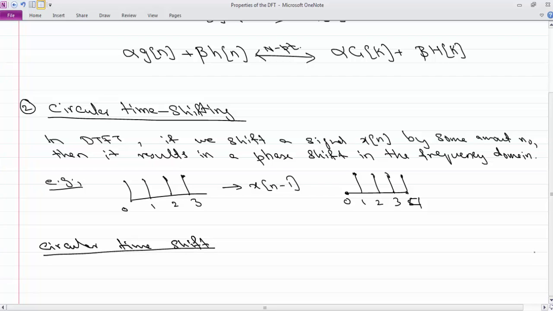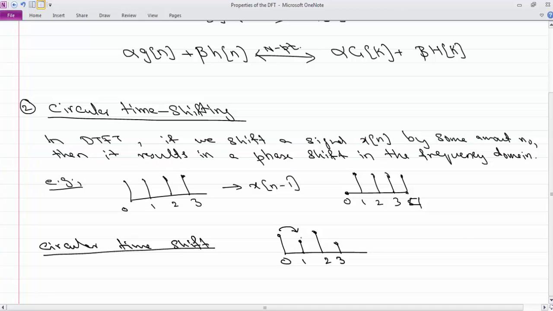Graphically, what circular time shift says is that if you have a signal 0, 1, 2, 3, and you want to shift it to the right by a factor of, let's say, 1, what that means is that every value gets shifted to the right.